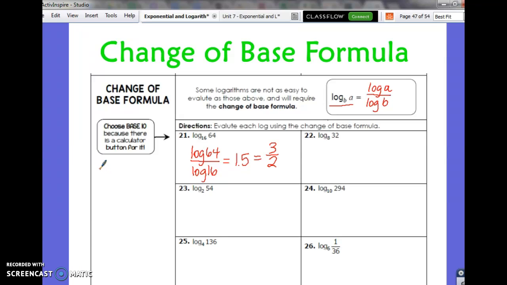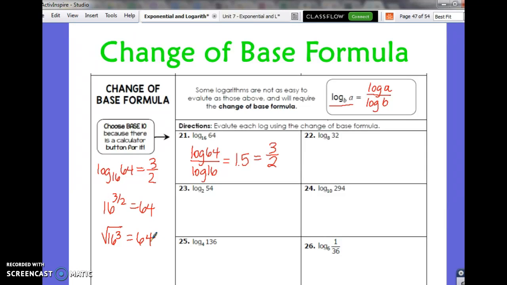What that means is log base 16 of 64 equals 3/2, so 16 to the 3/2 power equals 64. And if you think of flower power, that means the square root of 16 cubed equals 64.